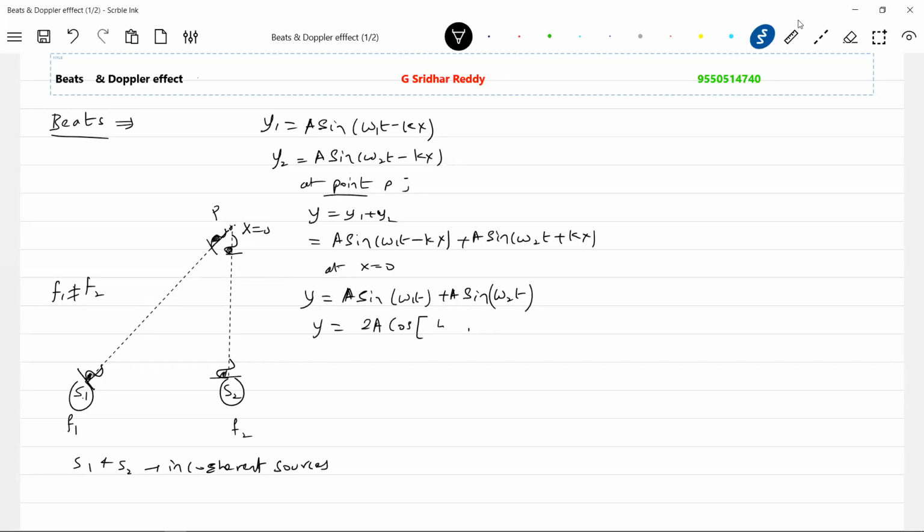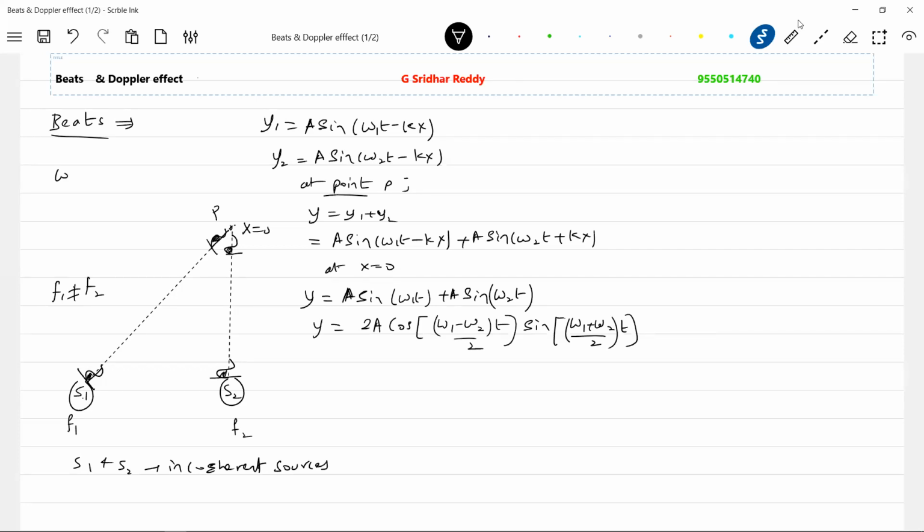cos of omega1 minus omega2, check the mathematics, is it correct? Sine of omega1 plus omega2 will come. Further, what is omega?